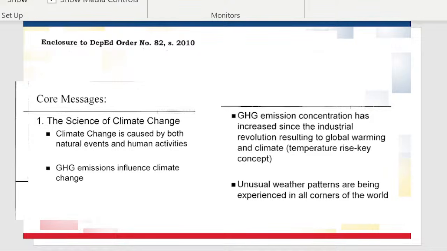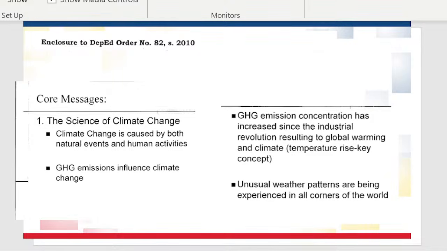What's the core message? Number one, signs of climate change. Climate change is caused by both natural events and human activities; the greenhouse gases emissions influence climate change.